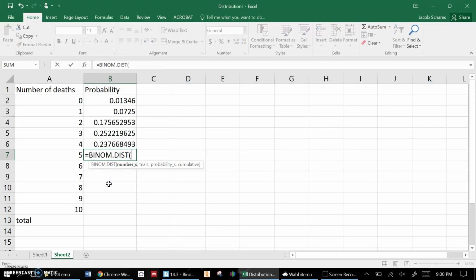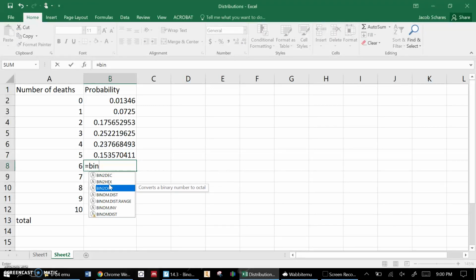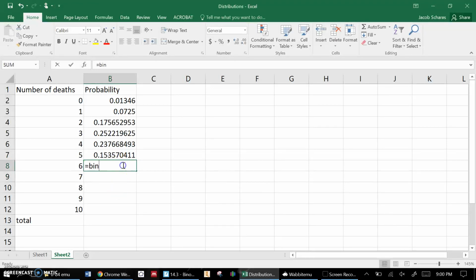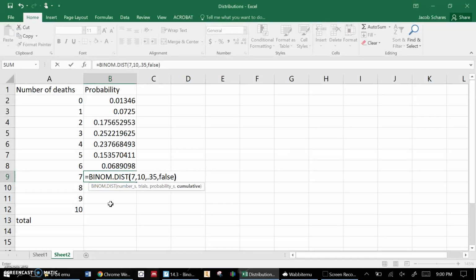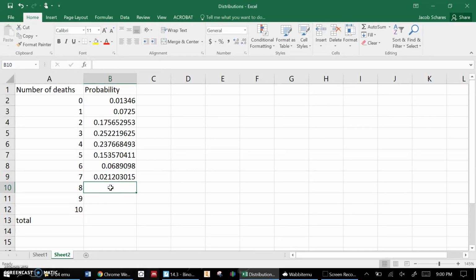So binomial distribution, this time we want 5, 10, 0.35, false. This time we want 6 out of 10, 0.35, and false. Seven out of 10, 0.35, and false. And I'll just go ahead and fill these in real quick.